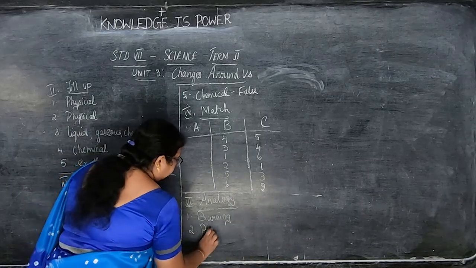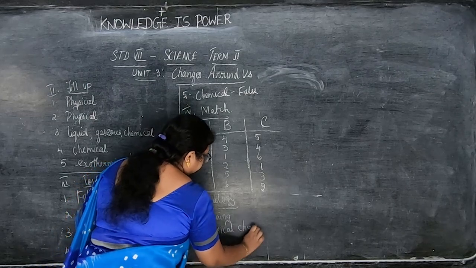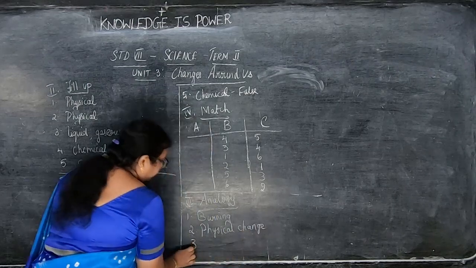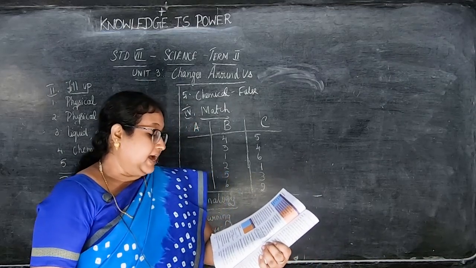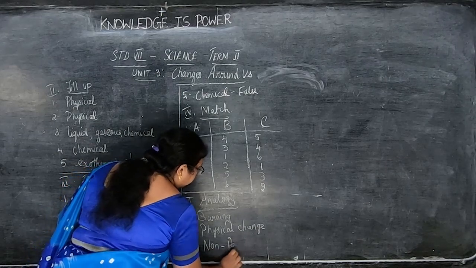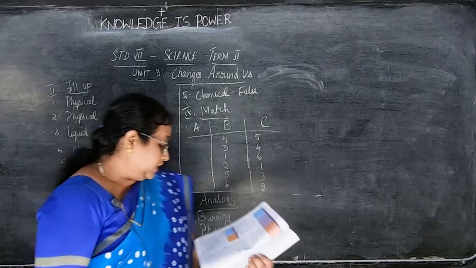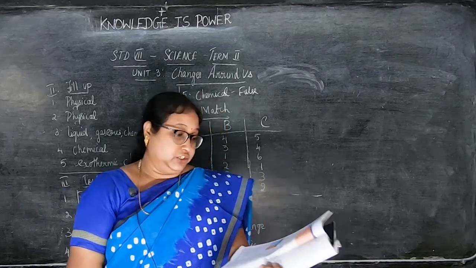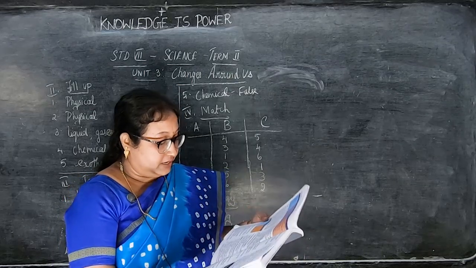Wood to ash, chemical change. Forest fire, dash change, that is non-periodic change. Okay, children? Then change in period in school is a periodic change. Now, Roman number 7, 8, 9 and all right afterwards.